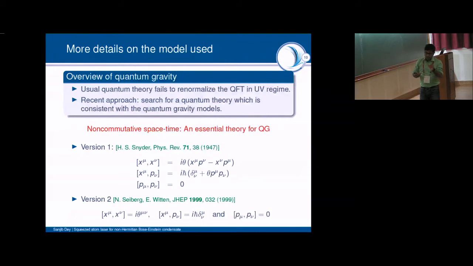One has to put a cutoff into the ultraviolet domain, and that cutoff can come from this relation. And there is also the other version, Seiberg and Witten, which is very famous, and this comes from the string theory literature, where they want to introduce this kind of non-commutativity to get rid of difficulties they have in string theory.